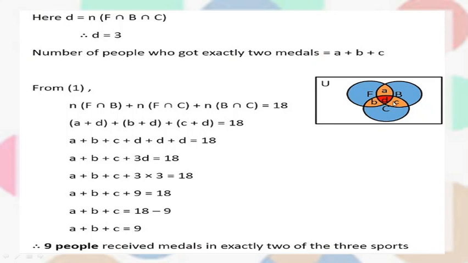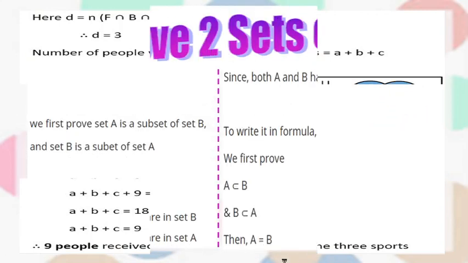So now a plus b plus c plus 3d, because d is coming 3 times, is equal to 18, and after solving we will get a plus b plus c is equal to 9. So we can say that 9 people received medals in exactly 2 sports.